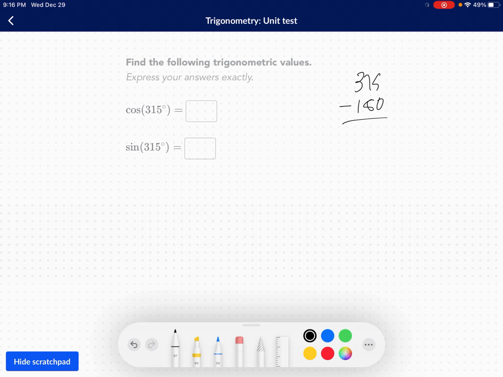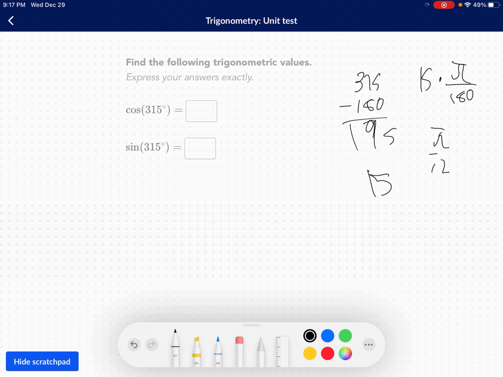Cosine 315. Alright, let's do 315 minus 180. That is 135, right? Oh, I have a calculator. What am I doing? 195. I can't do math. 195. And then do it again. 15 times pi over 180, 15 over 180.